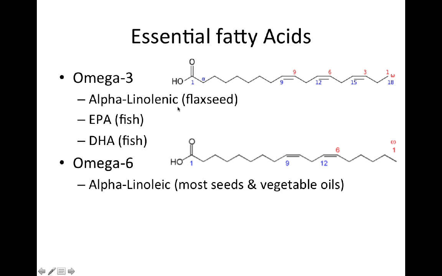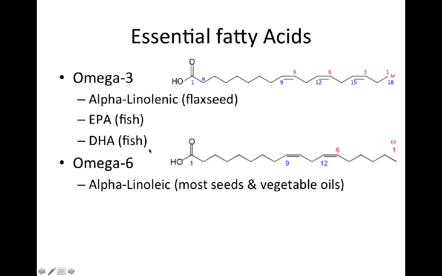Now, when we look at alpha-linolenic acid, our body actually doesn't use a whole lot of this as is. It needs to convert it to either EPA or DHA, which are different omega-3 fatty acids. Our bodies can't make these either, but because they can synthesize them to a certain degree from the alpha-linolenic, these are not considered essential.